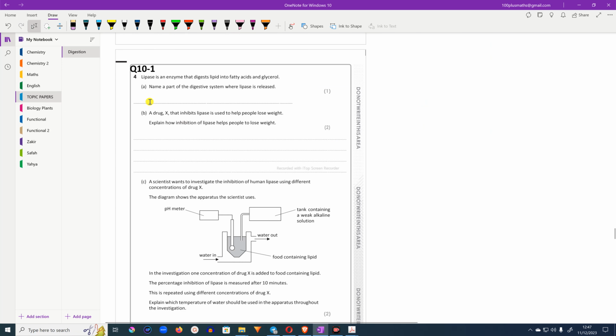Right. Question 10. Lipase is an enzyme that digests lipids into fatty acids and glycerol. Name the part of the digestive system where lipase is released. Pancreas. Whoa, pancreas.